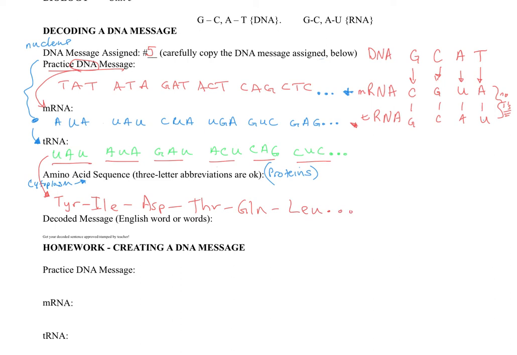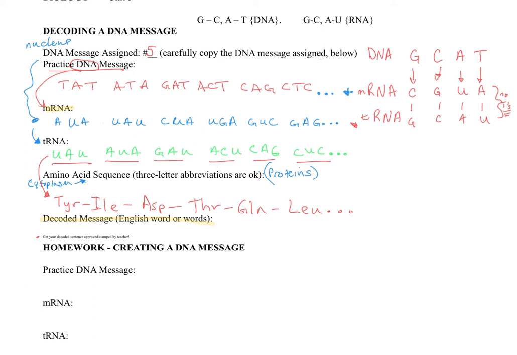Now, to double check your work, we're going to use the mRNA sequence and decode our message. This checks to make sure that we have our message correct. These messages were written by prior Oak Park students.